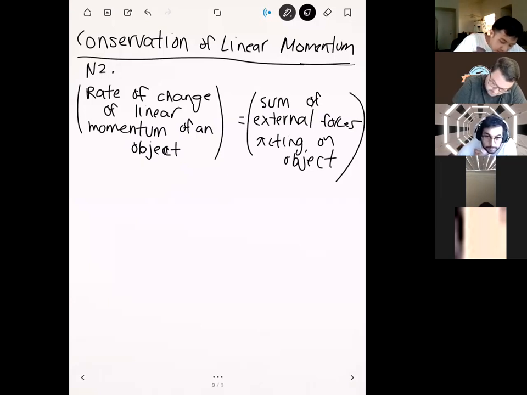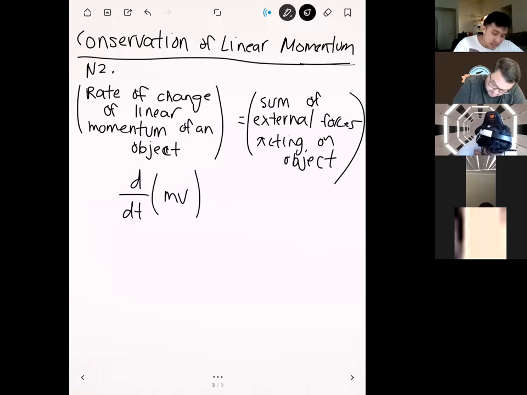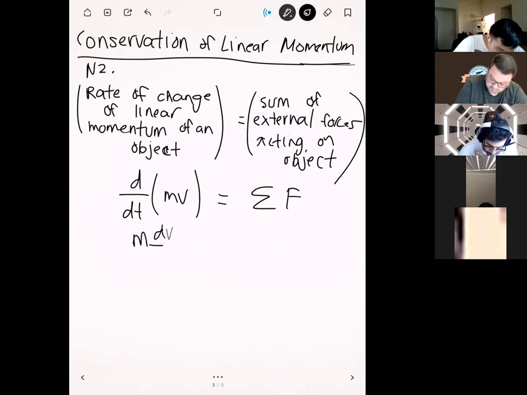The way we can express this mathematically: the time rate of change is d/dt, momentum is mass times velocity, and this is equal to the sum of all the forces. If we carry this time derivative through, usually we assume that mass is constant, so we have m dv/dt, and dv/dt we know is just acceleration.